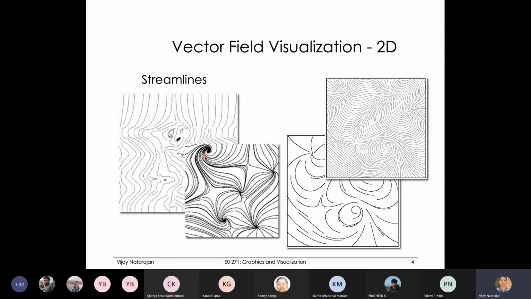For example, here is a spiral sink or a source, and you may want to highlight such behavior. So your starting points for the streamlines will be seeded near the source or the sink, and you extract streamlines from there, and hence get a visualization such as this.